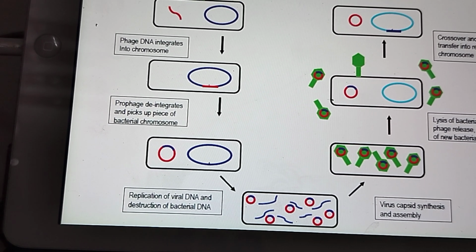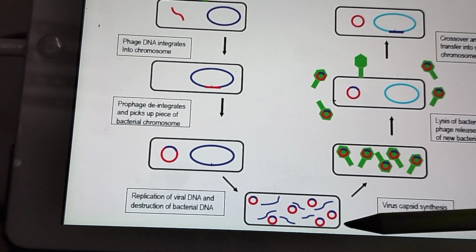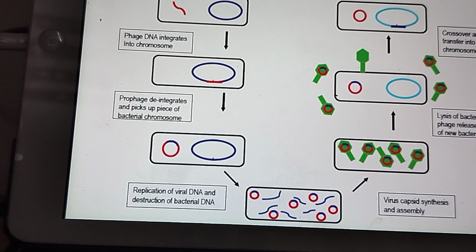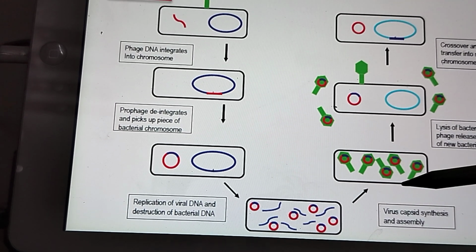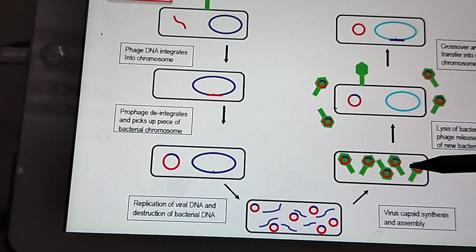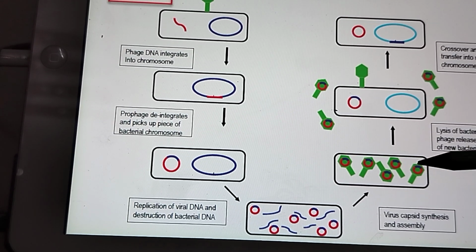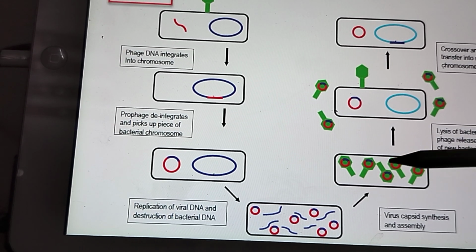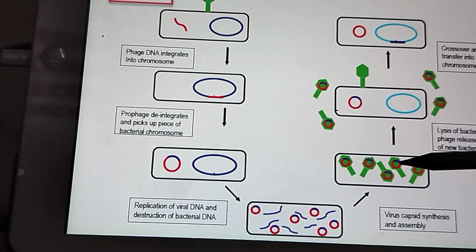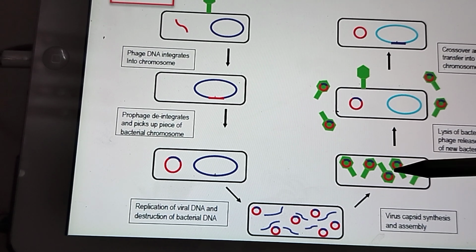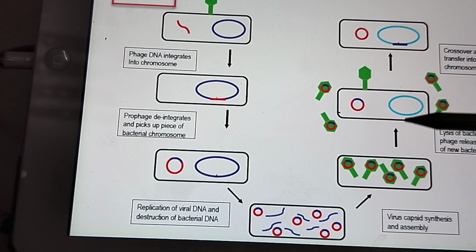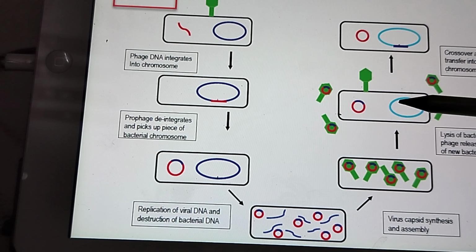After assembly of phage DNA plus bacterial chromosome, the phage is released from the bacterial host. Here you can see that after lysis, first the formation of the capsid and the viral protein, along with this new genome containing the bacterial genome as well. Now this new type of phage is released and it infects another bacterium.